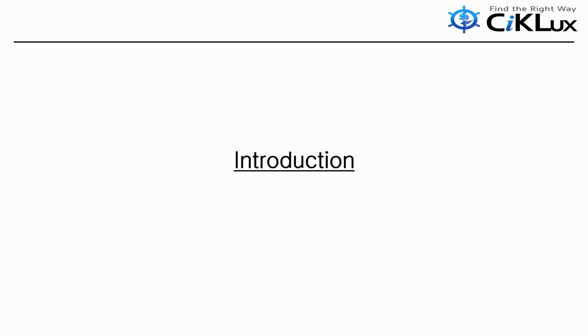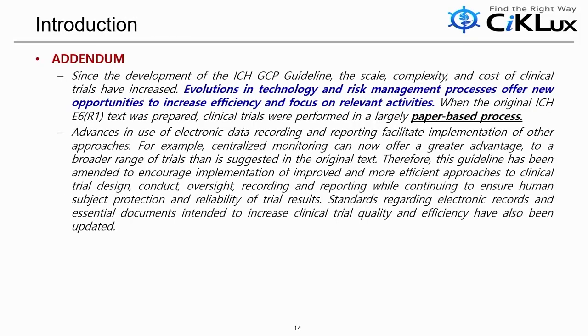Some for Chapter 8. So if you look at that addendum, in the introduction, this line is a very important line. The evolution in technology and risk management processes offers new opportunities to increase efficiency and focus on the relevant activities.